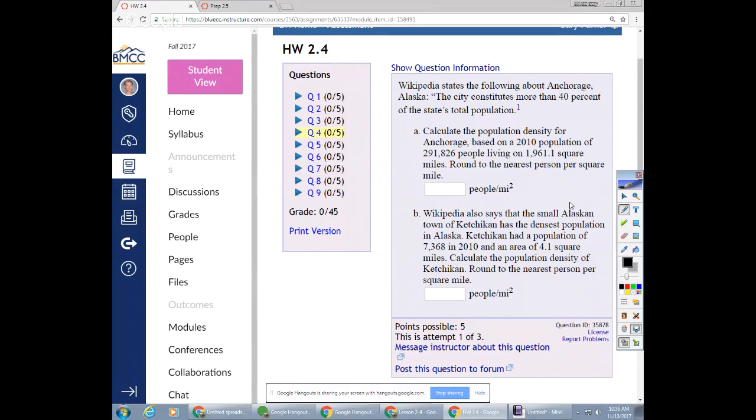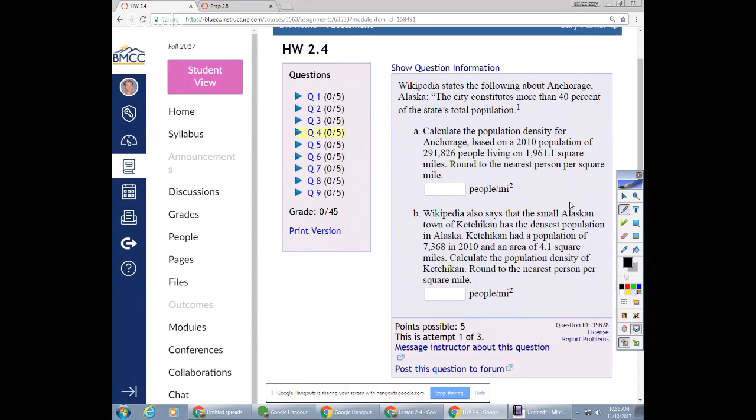If you click on that one there, it'll take you to the page where I found that information. So what we want to do is calculate the population density for Anchorage. In 2010, there were 291,826 people living in Anchorage, and they had almost 2,000 square miles.